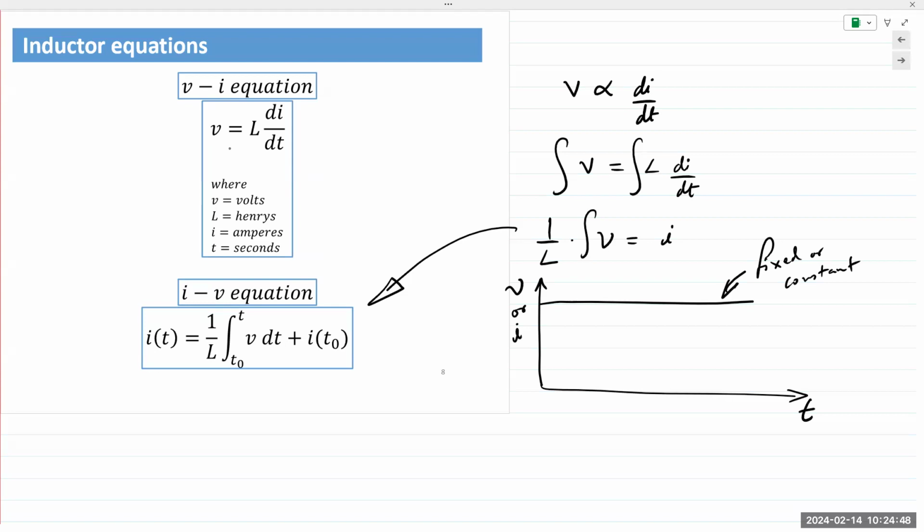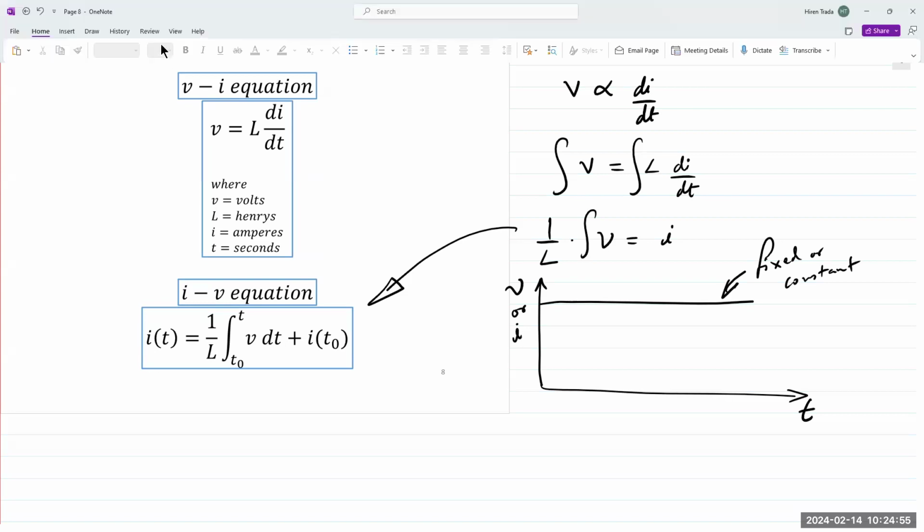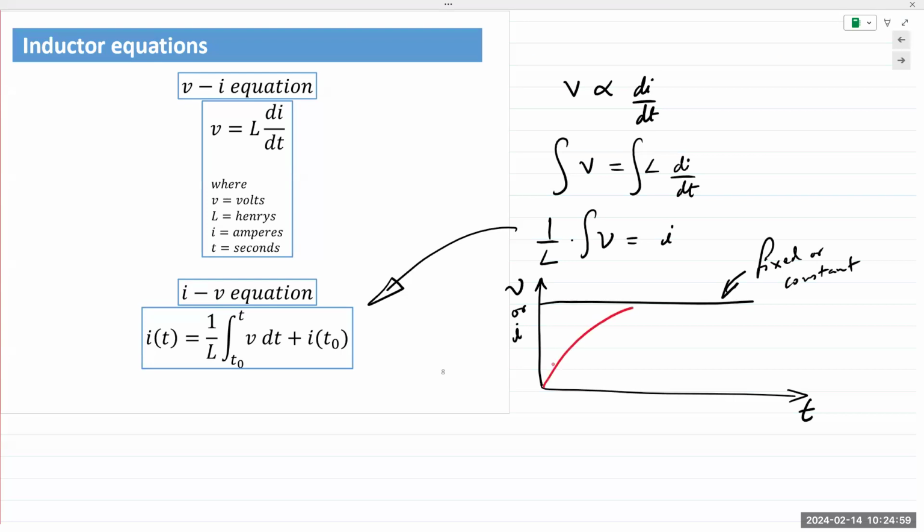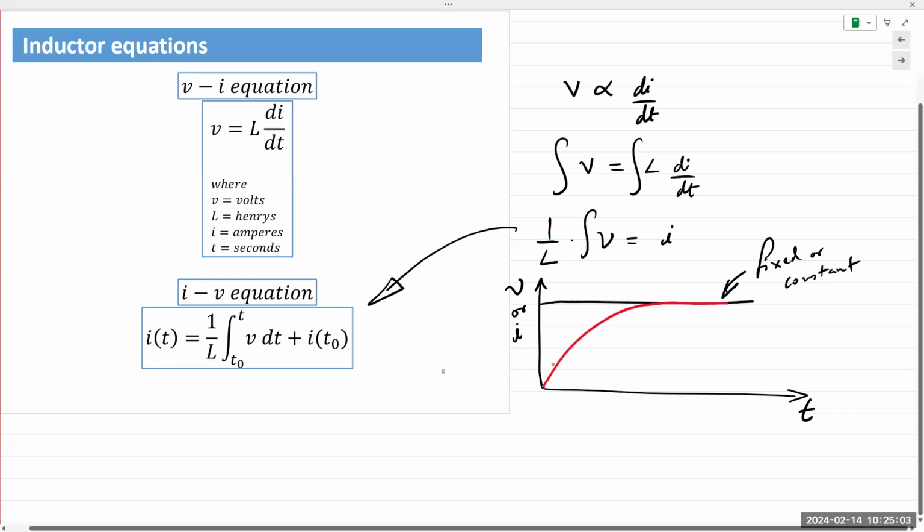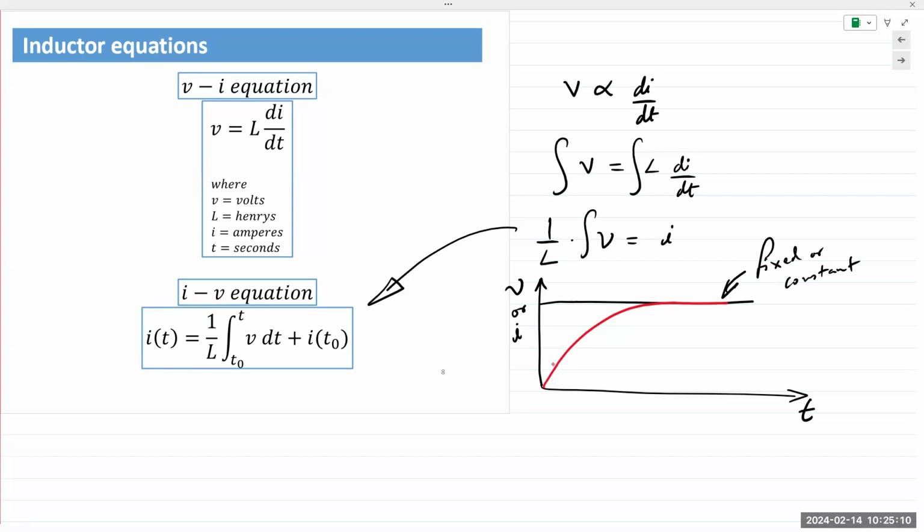It cannot go from 0 to 1 amp in an instant. It takes some time for the energy to be transferred, so it follows this path. It's exponential in nature, and we'll study that in chapter 4.